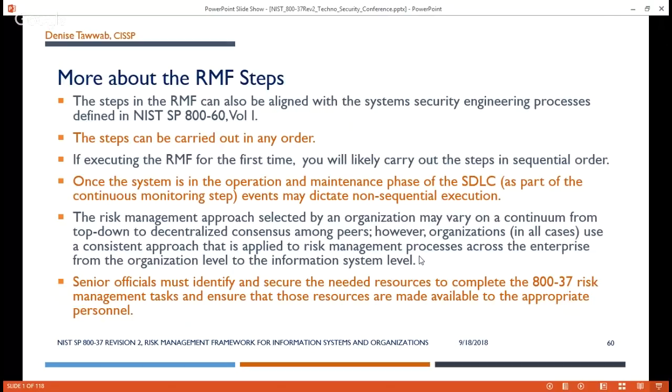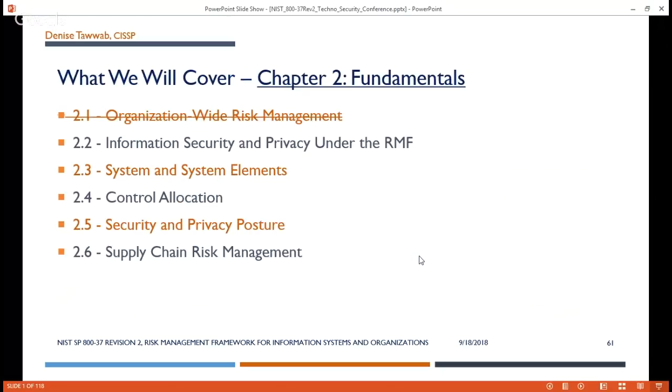Your senior management has to identify and secure the needed resources to complete the risk management tasks and ensure that those resources are made available to the appropriate personnel. Someone at the top has to be on board if you are going to do security effectively, because they have to provide the budget and they also have to provide the tone at the top, which either supports you or does not. Next up, we're looking at information security and privacy under the risk management framework.